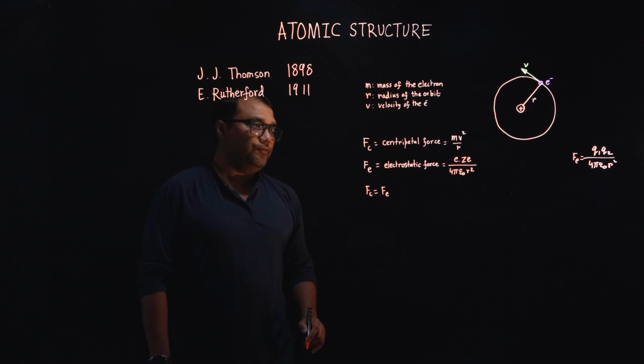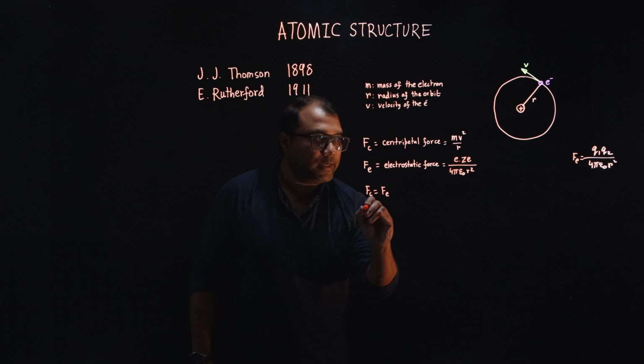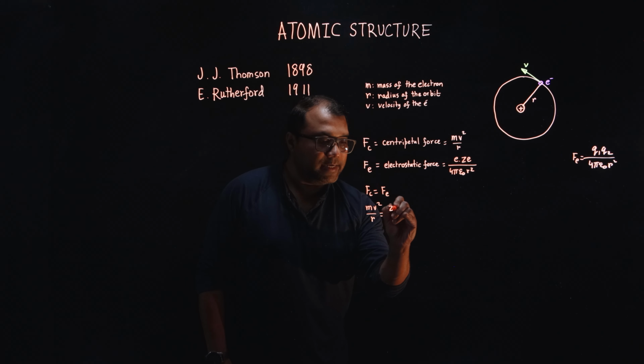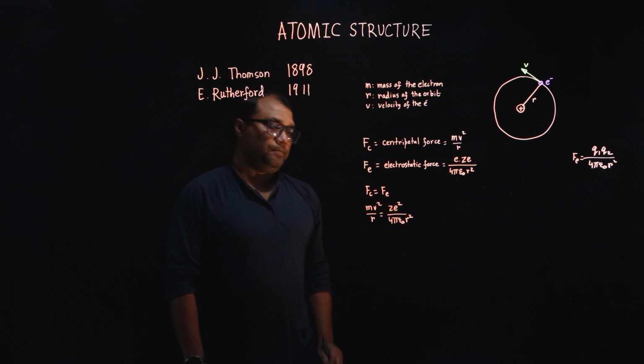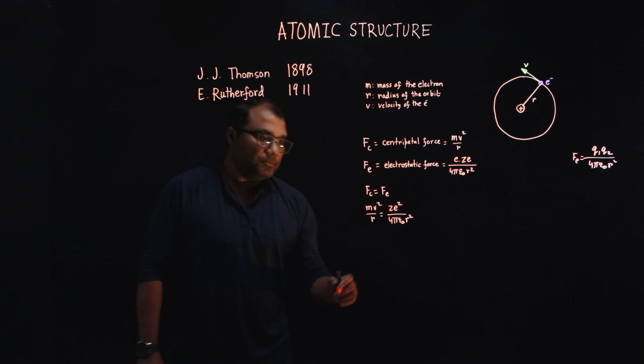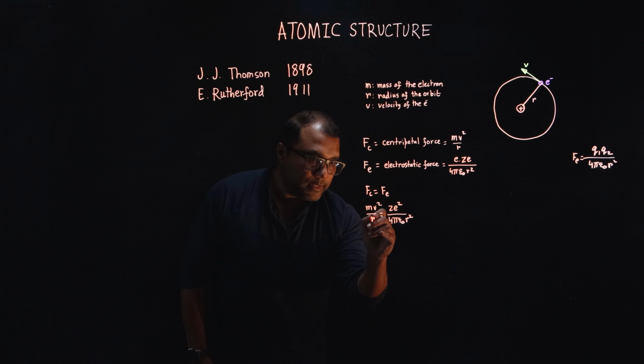Fc is equal to Fe. So from that we can write mv squared by r is equal to Ze square by 4 pi epsilon naught r square. Okay.